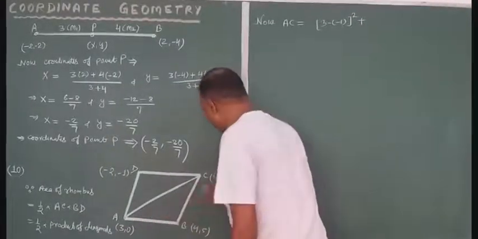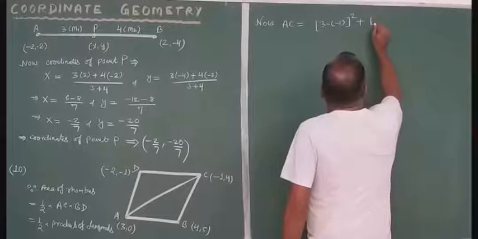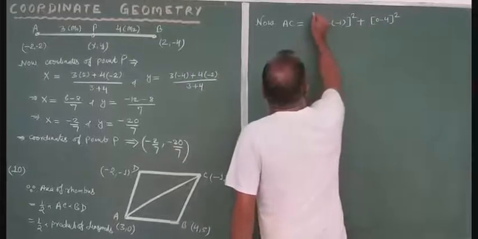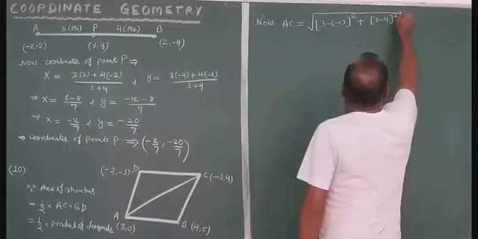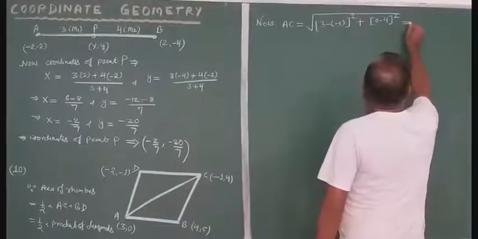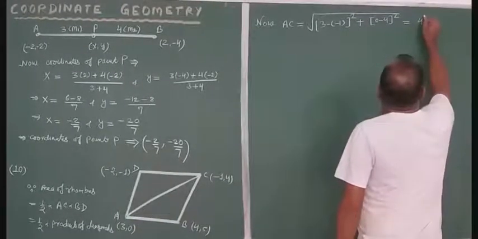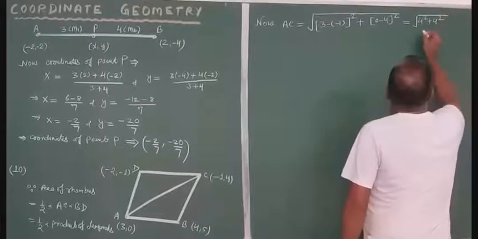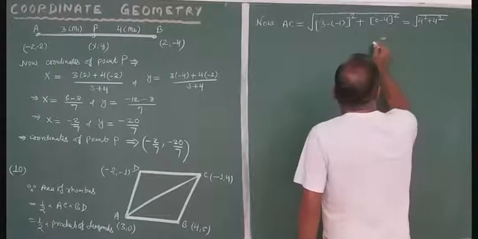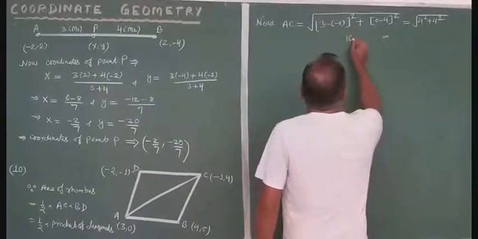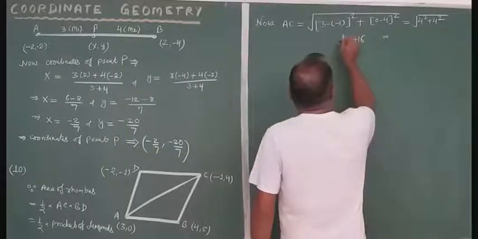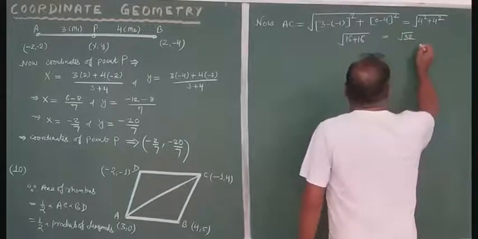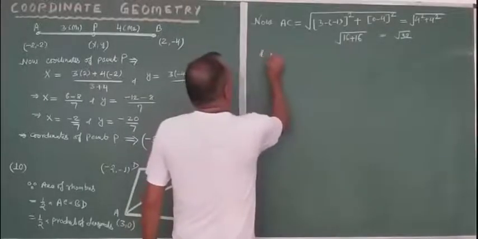This is 3 minus (minus 1) whole square plus 0 minus 4 whole square. So this will become 4 square plus 4 square, 16 plus 16, under root 32.